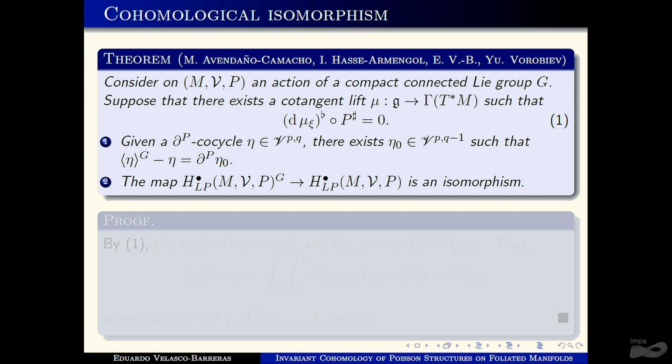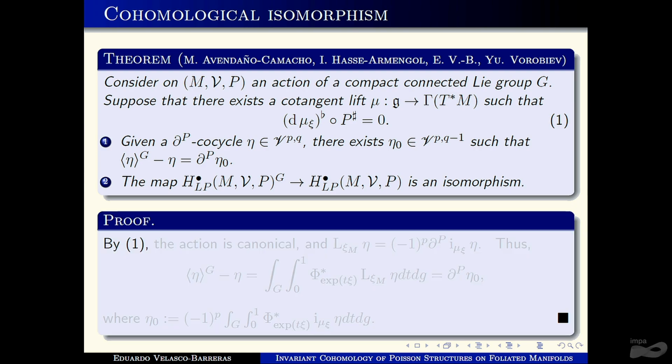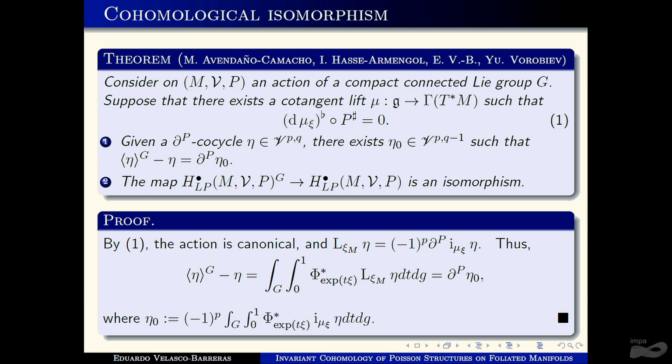And this in particular implies that we have the isomorphism between the invariant and the foliated cohomology. And the proof is very simple if we take into account all of the previous discussion. Property 1 implies that the action is canonical and also implies this formula. So if we apply the infinitesimal formula we presented before, then we have that this difference is a coboundary where the primitive is given by this integral, just by integrating this element.